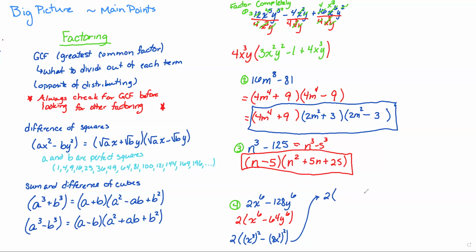And then a difference of squares gives me 2 sets of parentheses, a plus and a minus. And what was squared? It's x to the 3rd, x to the 3rd, and 8y, that's a y to the 3rd.